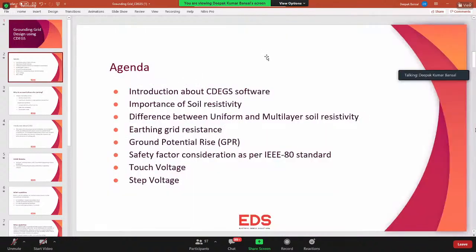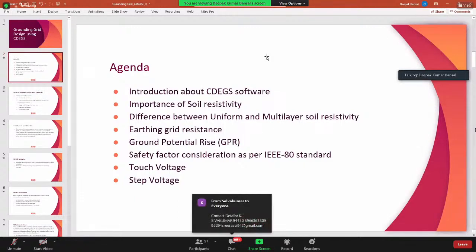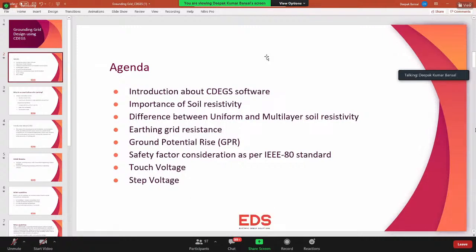My agenda today is basically to introduce the software, and the most important thing of this software is soil resistivity, how we do it, and what is the difference between doing soil resistivity analysis with the software and with thumb rules. I will not tell you, I will show you everything.